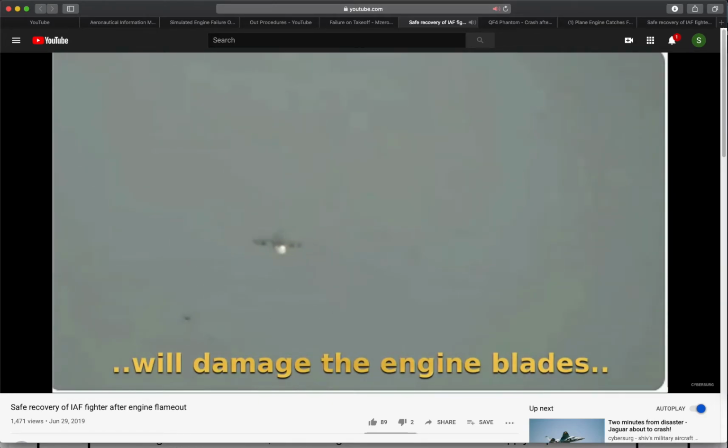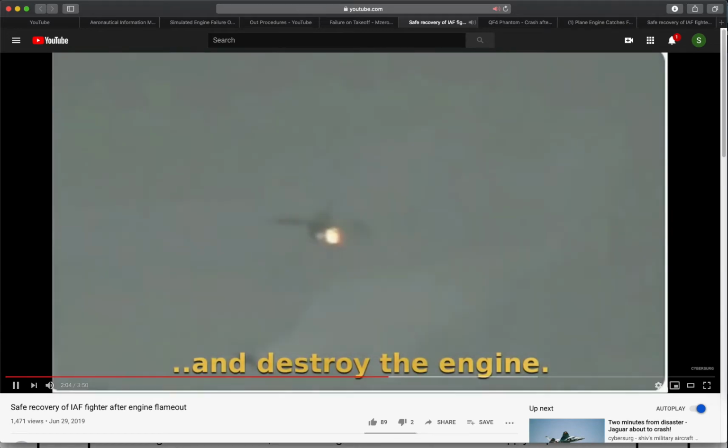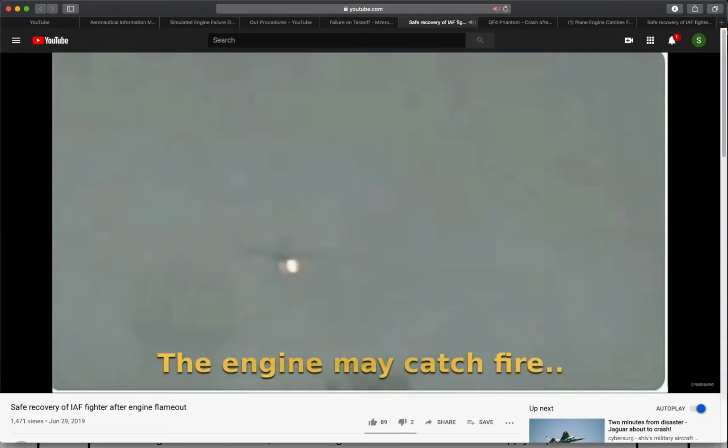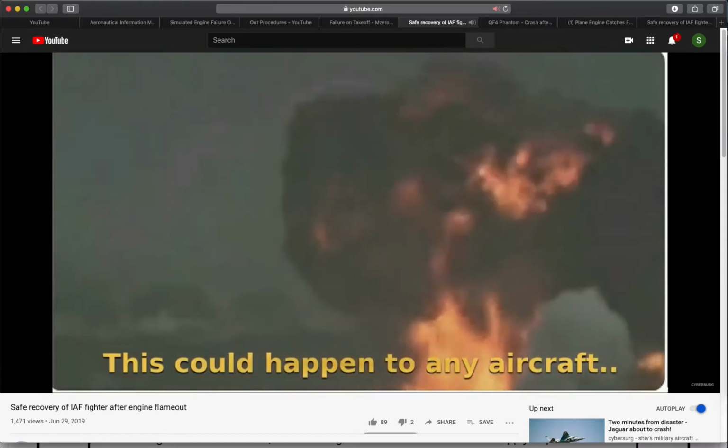The pilot assesses the situation and does not panic. He jettisons his stores, which fall to the ground and explode in a ball of fire. Once the ball of fire and smoke clear, you can see that the pilot has carried on flying. He turns around later and lands the aircraft safe.